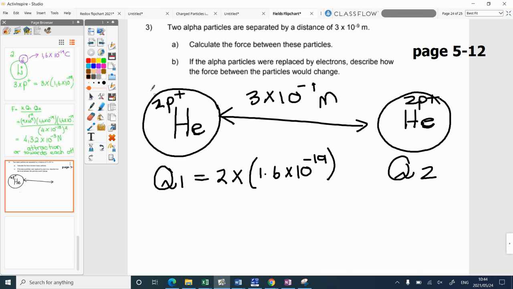Now we need to see what the question is asking us. The question is saying, what is the force? Go to your pink sheet again and look for the equation for force. Good.